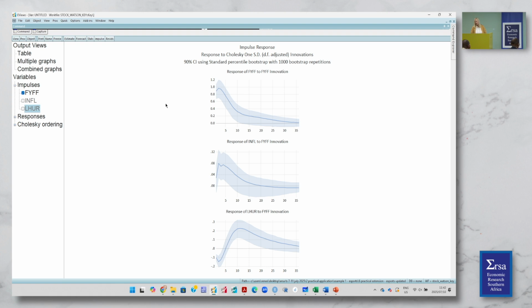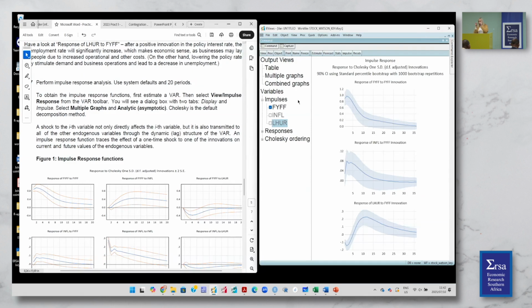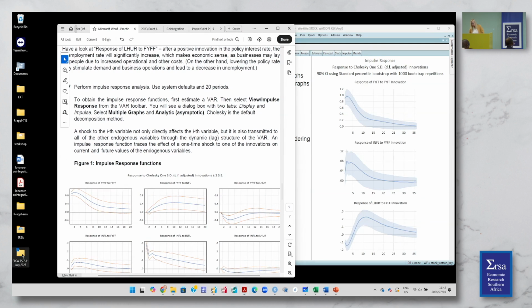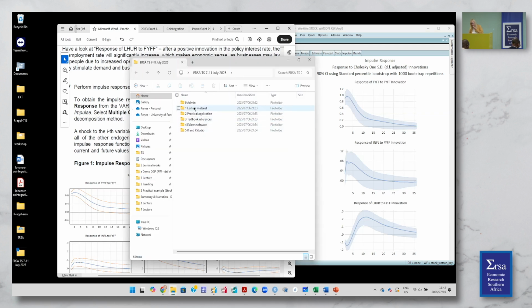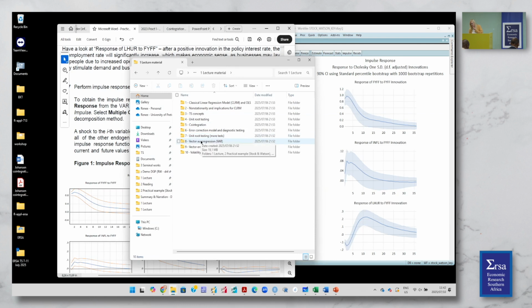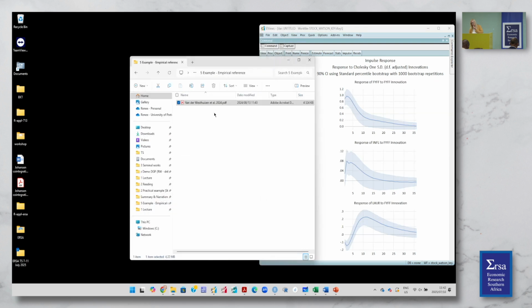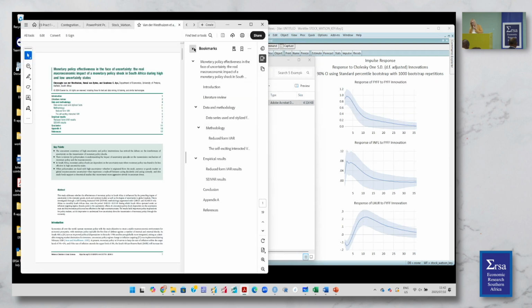And that's it. Without doing the other exercise, I can maybe say something about a bigger exercise where we had more variables in the VAR, based on this paper.